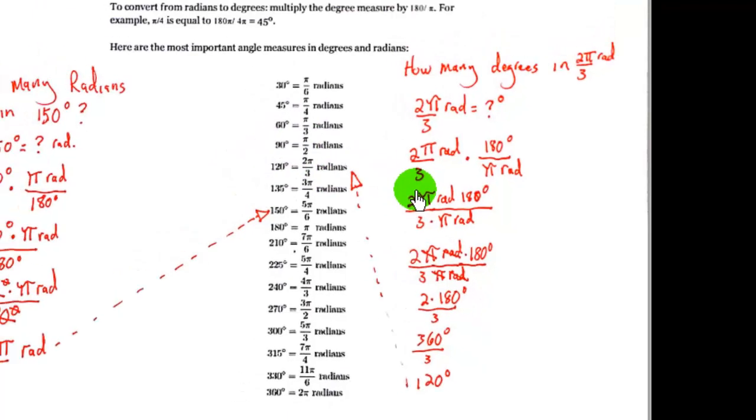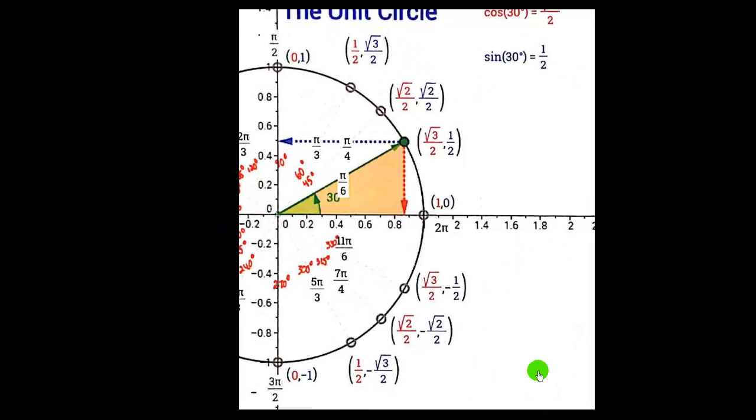Next, we're going to talk about the unit circle. The unit circle is simply a circle with a radius of 1. You can make triangles, and in our case, we're going to make special right triangles, where you have 30, 60, 90 right triangles that are formed, or 45, 45, 90 right triangles that are formed.